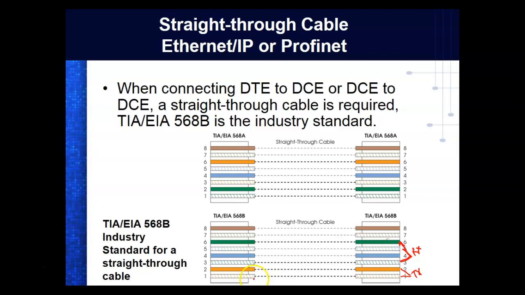So notice it goes orange, white, orange, green, white, blue, blue, white, green, brown, white, brown. Now your other pairs, your blue, white, blue, are used by the local network for other things. Like at our college, we use voice over IP.